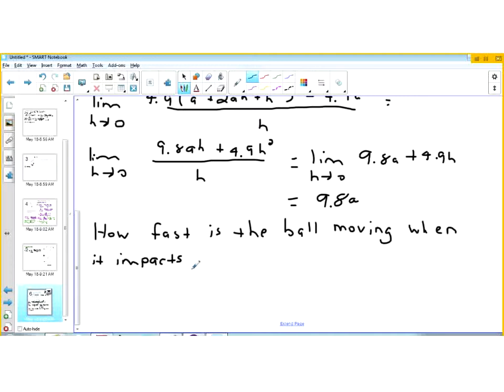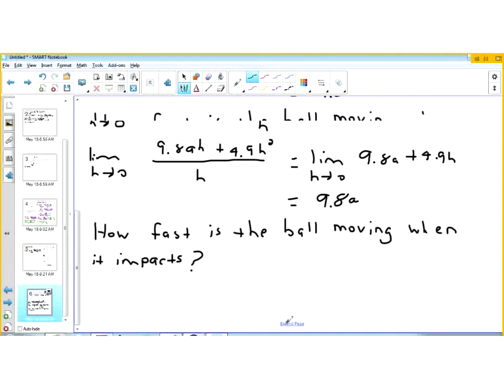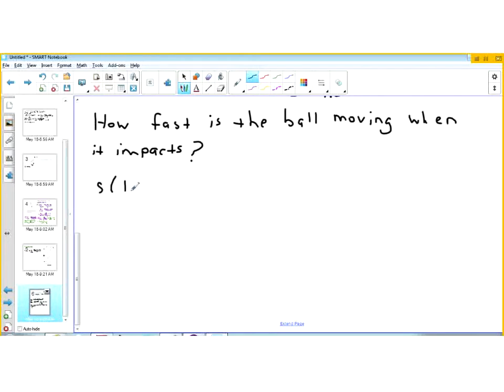That is, when it hits the ground. All right. So how do we answer that question? Okay, well, we know the position function.